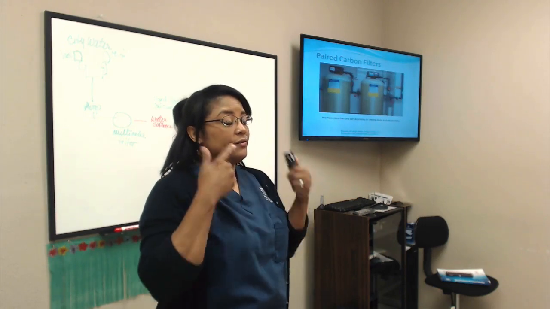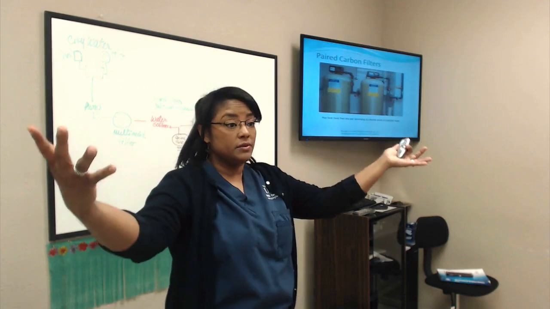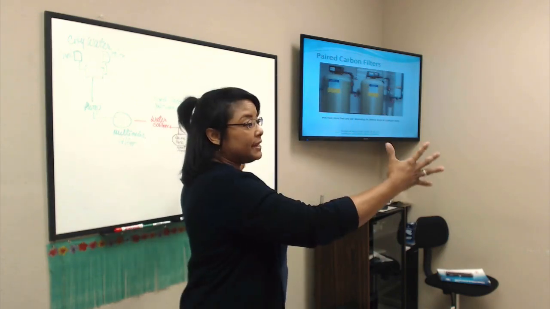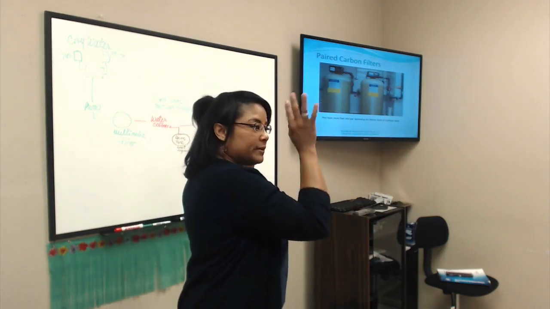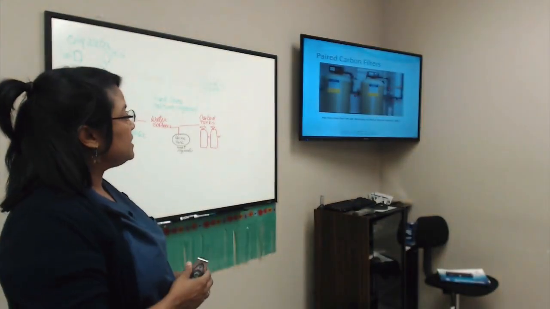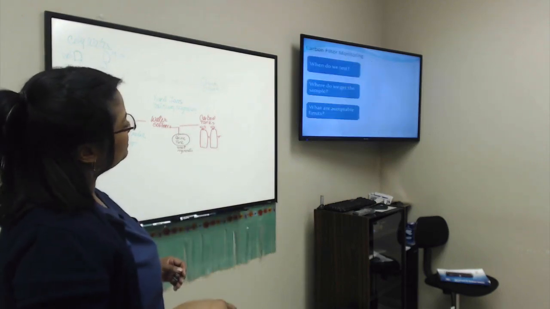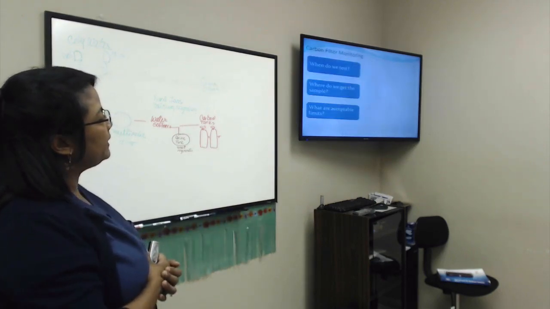If it's a 24-hour unit, they have double of everything, because one set is going to rest or clean or regenerate while the other set is working. So this is how they look, and they may have more depending on the clinic.